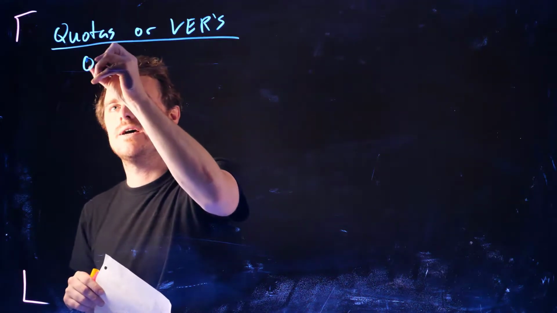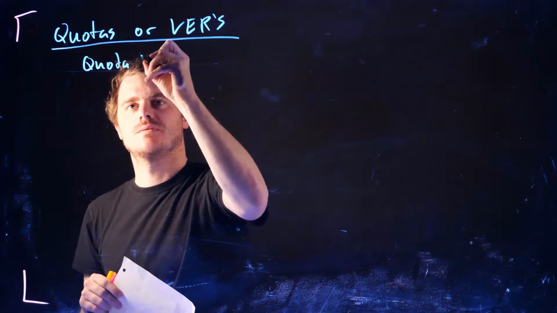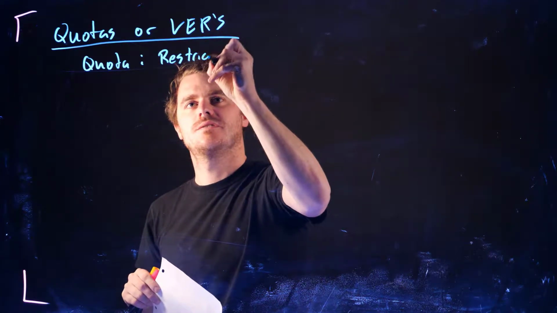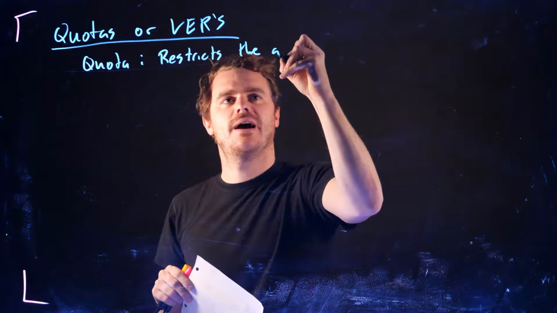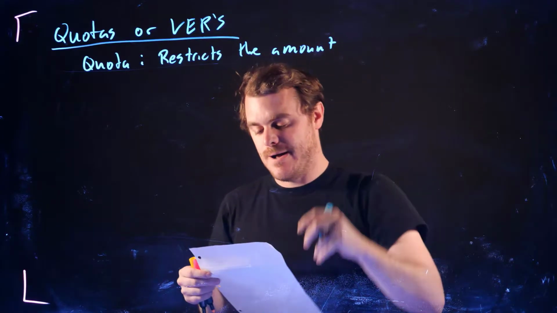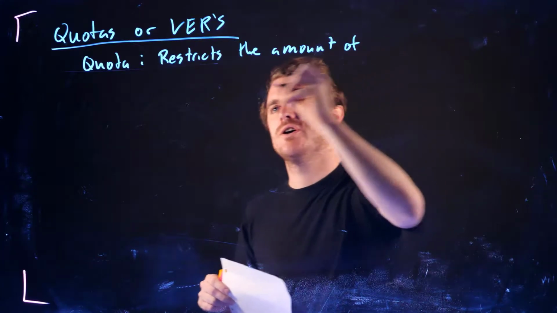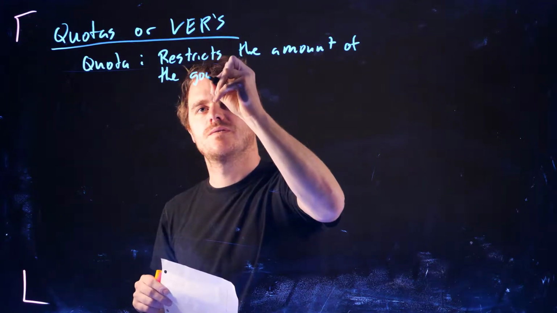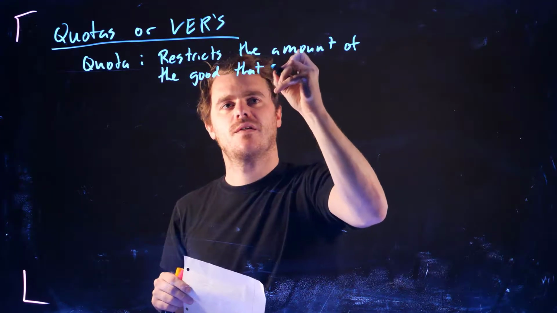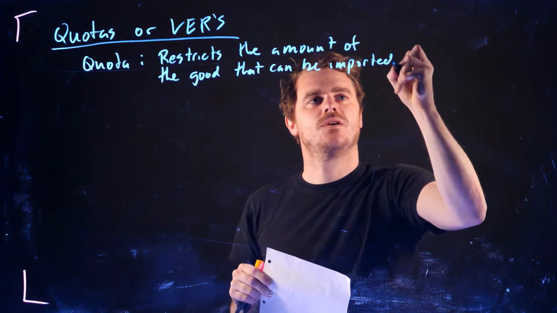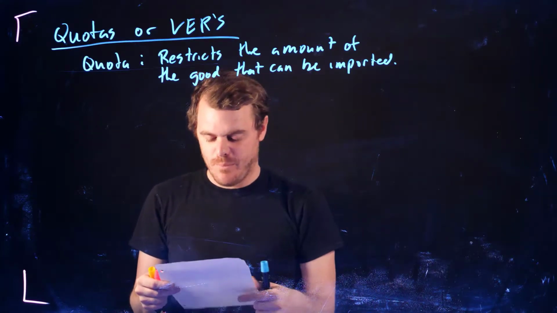And so what a quota is, it restricts the amount that's allowed to be imported into the country, the amount of the good that can be imported. So it just places a limit on the amount of imports.